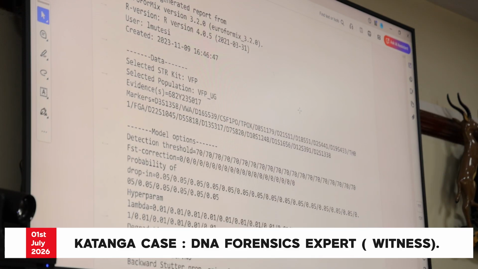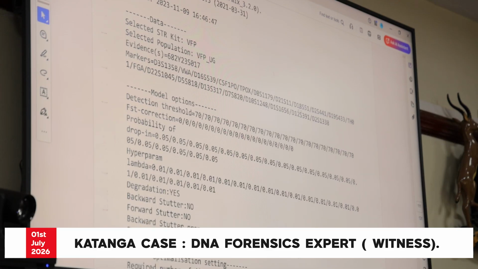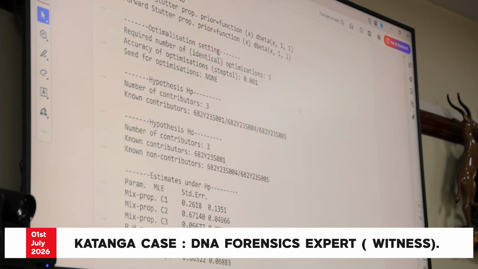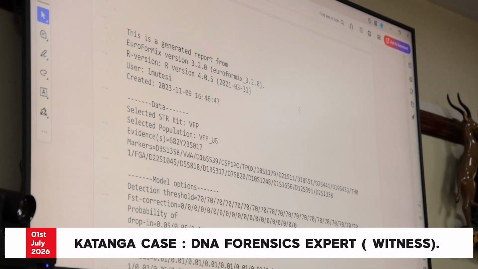So the statistical printout for sample 17 begins on page 111. Just take us through the same thing again. As before, confirming the report has been generated using the software Euroformics version 3.2.0. And the user is who? The user is the same, El Matesi. And again created on the 9th of November 2023 at 16:46.